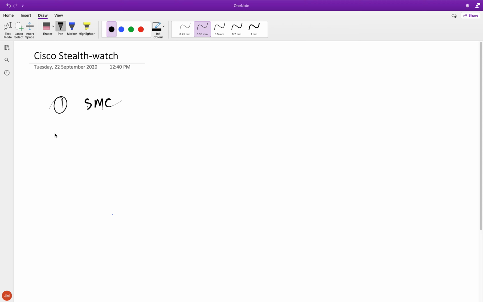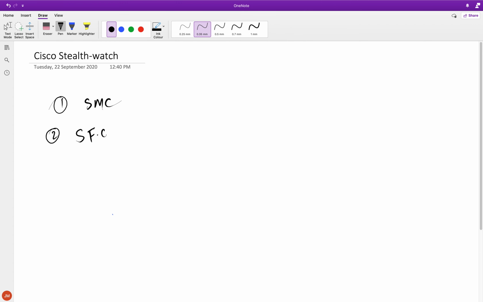The second one is your flow collector, the Stealthwatch Flow Collector, SFC, or just FC, right? The flow collector mainly collects all your flow information. You would have enabled NetFlow on your devices, say on a router, and you can now export this NetFlow information to the flow collector.